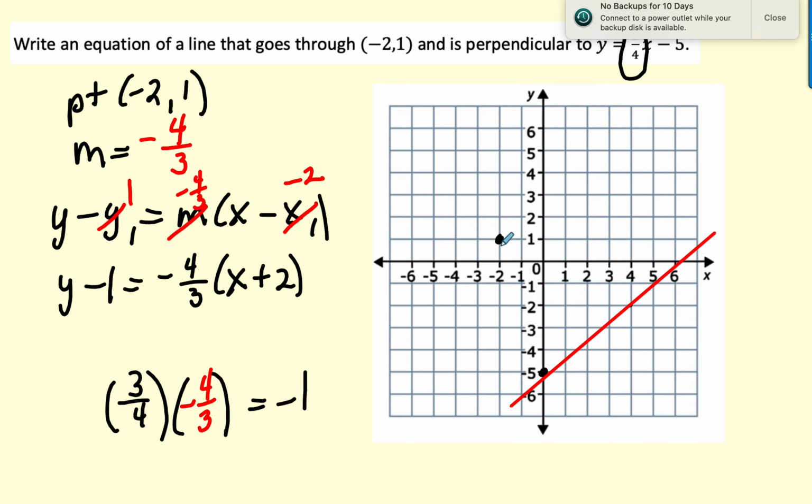From this point, we go down 4 units, 1, 2, 3, 4, and go over 3, 1, 2, 3. Then we can draw our line through those points. Algebraically, it's guaranteed that this will make a right angle.